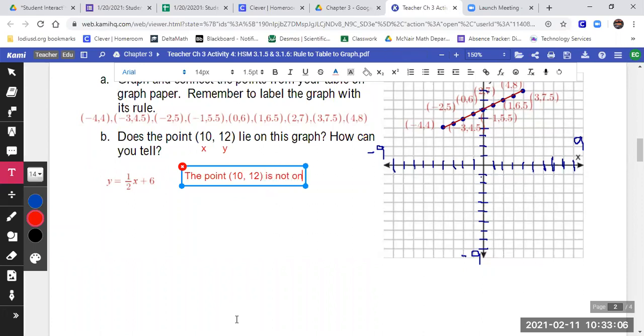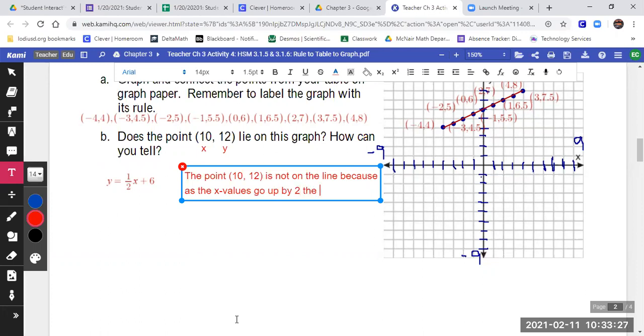It is not on the line because as the x values go up by 2, the y values go up by 1.